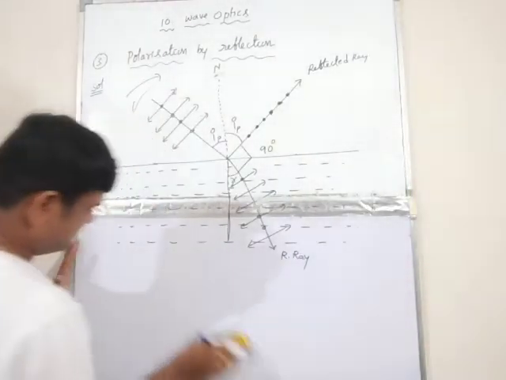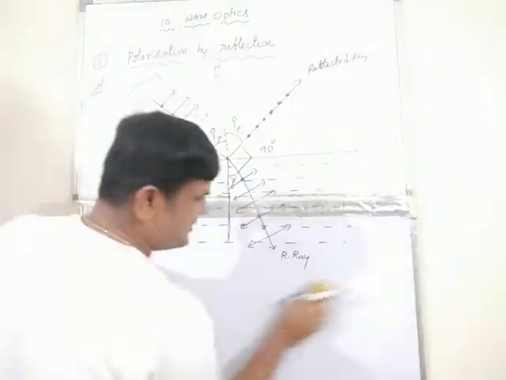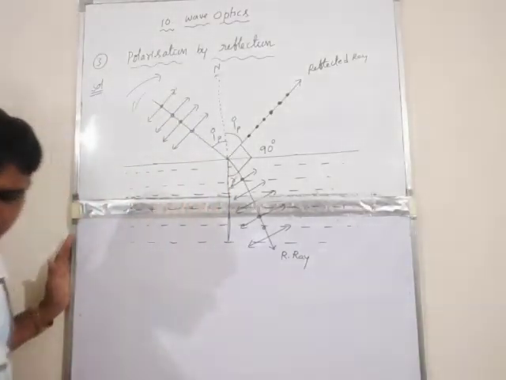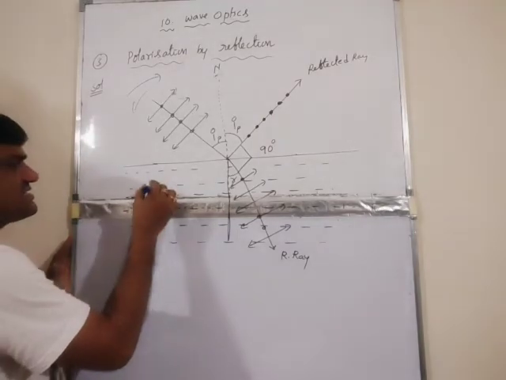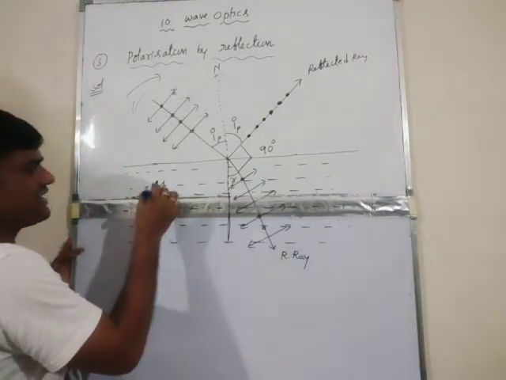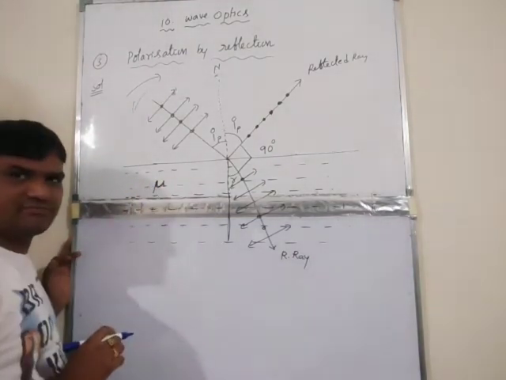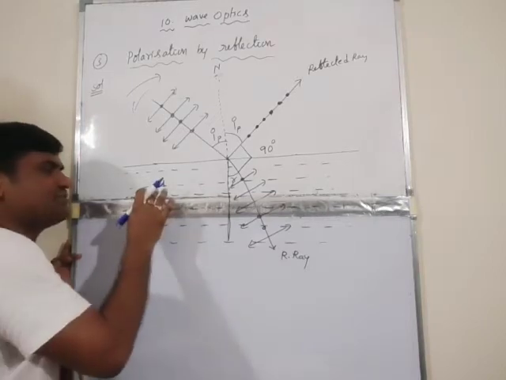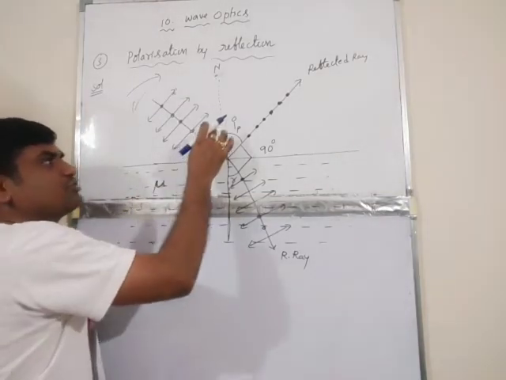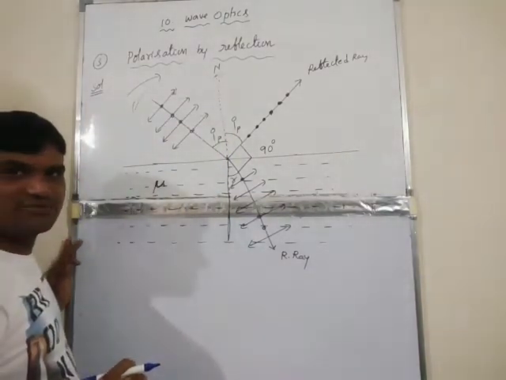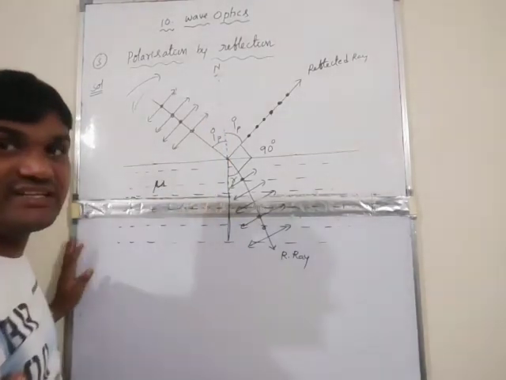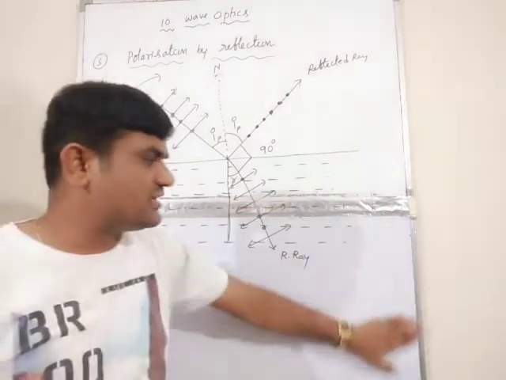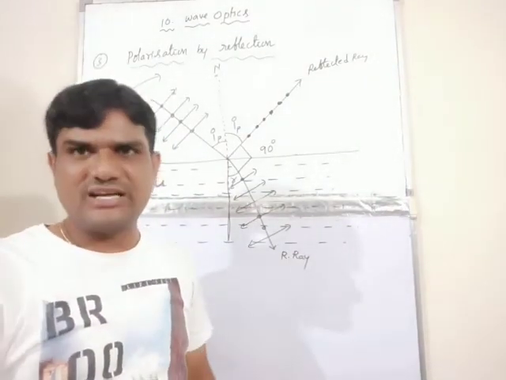Then what is the relation between the Brewster angle and the refractive index? Here there will be a medium, and I will consider mu as the refractive index of any medium. What is the relation between refractive index and Brewster angle? Very, very important. That is given by Brewster only, so we call it the Brewster law.